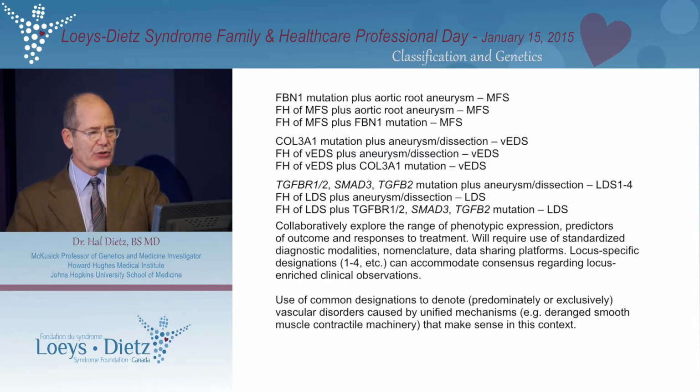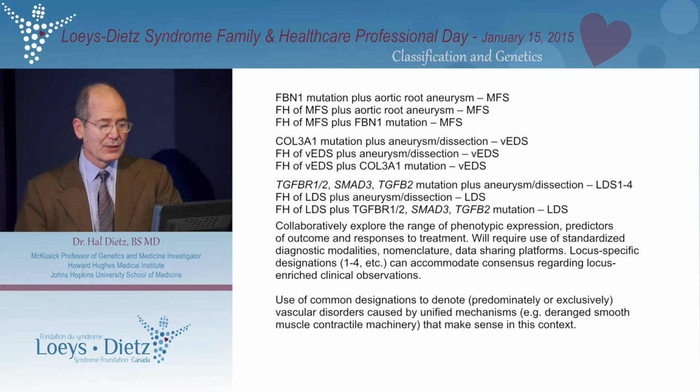So, I think that we should use this information wisely, but I also think that we should all work together to collaboratively explore the range of conditions and the predictors of outcomes and the responses to treatment within these different classes. What the guideline paper suggested is that the term Loeys-Dietz syndrome is informative for these genes.